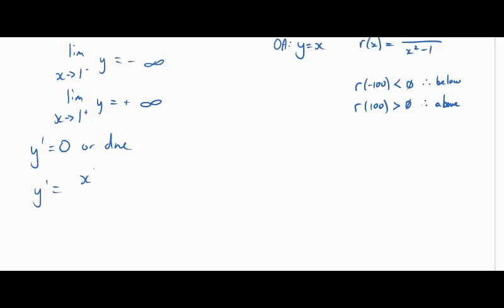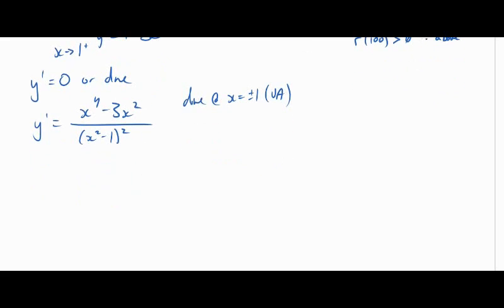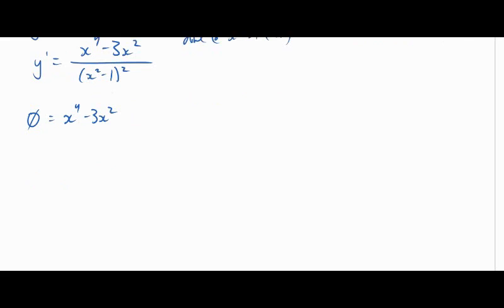We're given this (x^4 - 3x^2) over (x^2 - 1) all squared. So it does not exist at x equals plus or minus 1, but those are vertical asymptotes, so that's done. How am I going to solve this one?